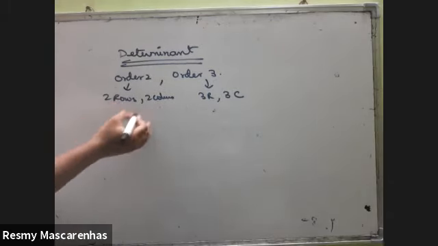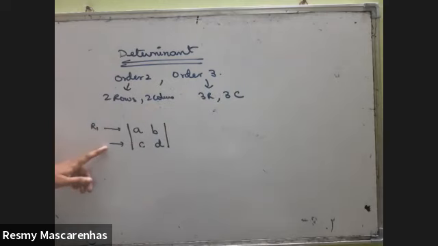So 2 rows and 2 columns means, suppose we have A, B, C, D. This is of order 2. If you understand this it will be easier. 2 rows, 2 columns means you know that the horizontal lines are always rows. Even in computer, Excel and all, you must have seen.